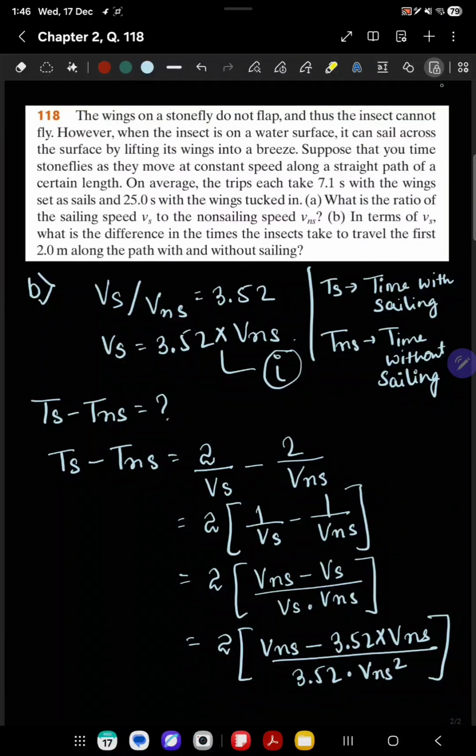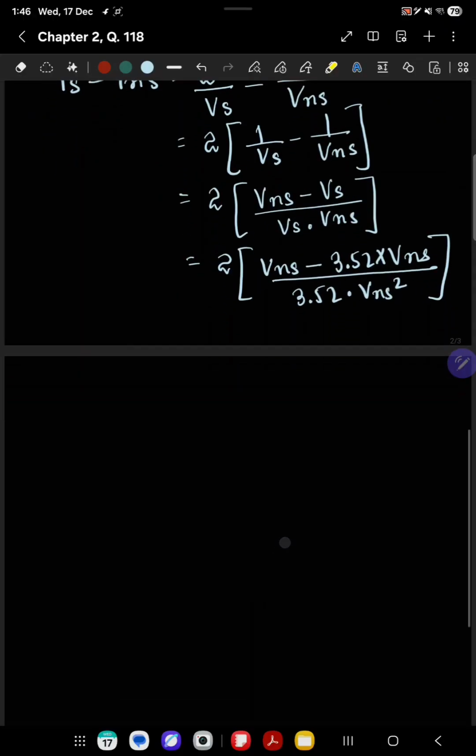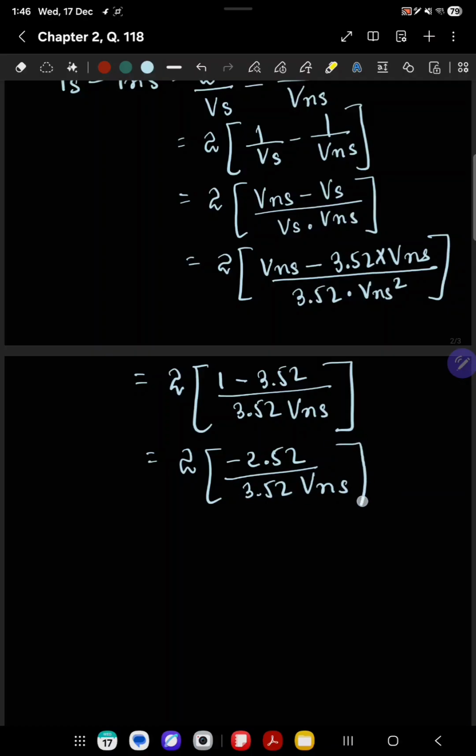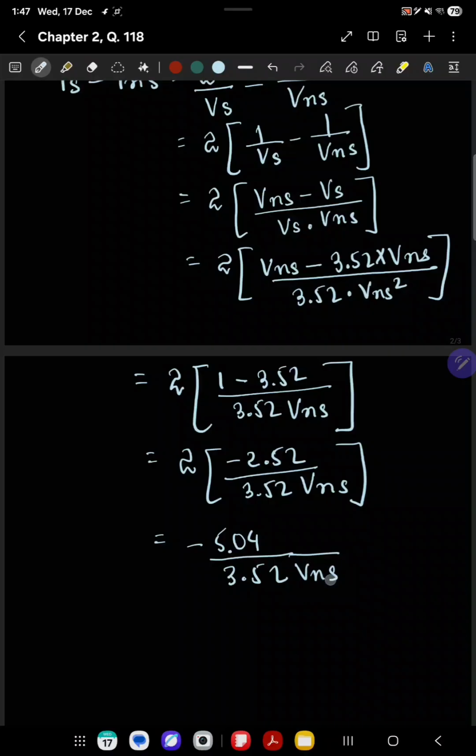Here we can take Vns as common and cut it, so it will give us 2 into 1 minus 3.52 upon 3.52 Vns, or we can write it as 2 into minus 2.52 upon 3.52 times Vns.